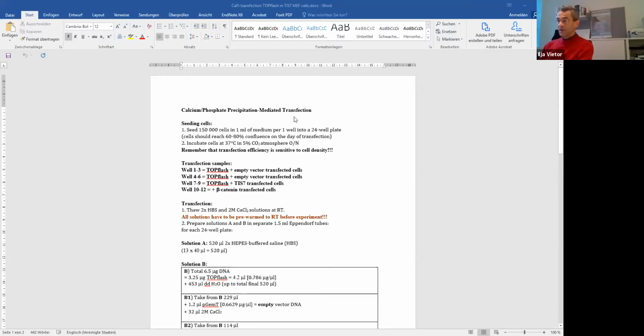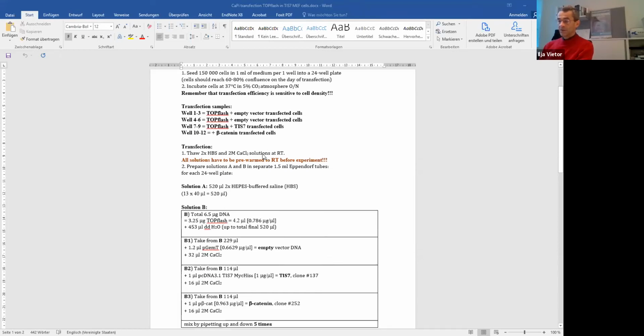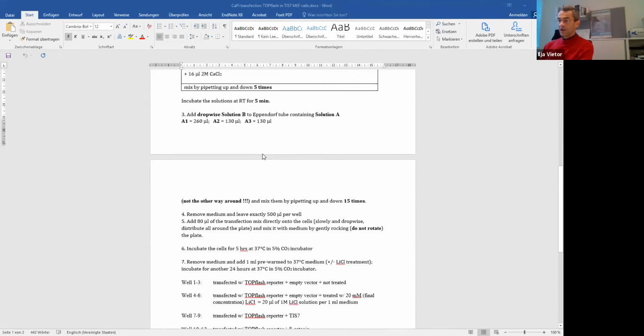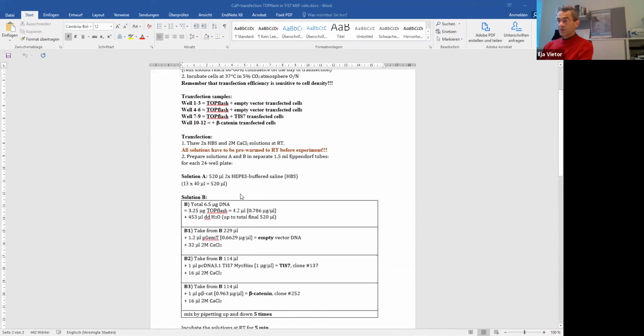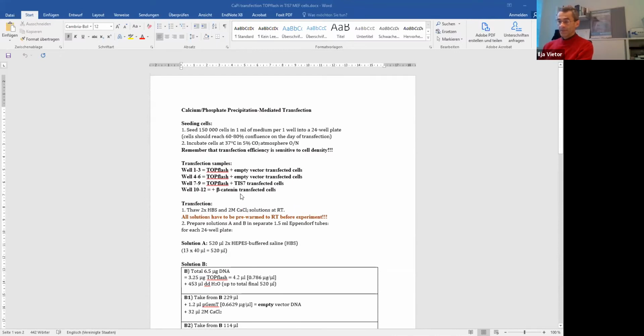So we have a calcium phosphate precipitation mediated transfection, where the full protocol of this experiment is, as if you would do it yourself. There is all necessary information about the material which was used and about the procedure, which I will show you how it is done. So that was one part of the package which you have received. And next, I will start with the video itself.